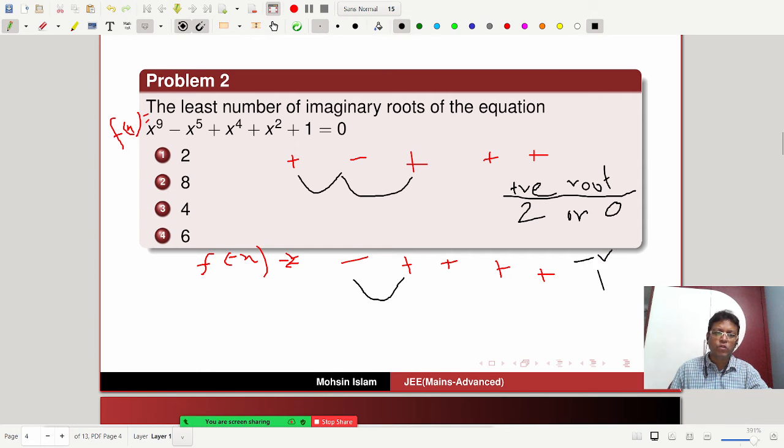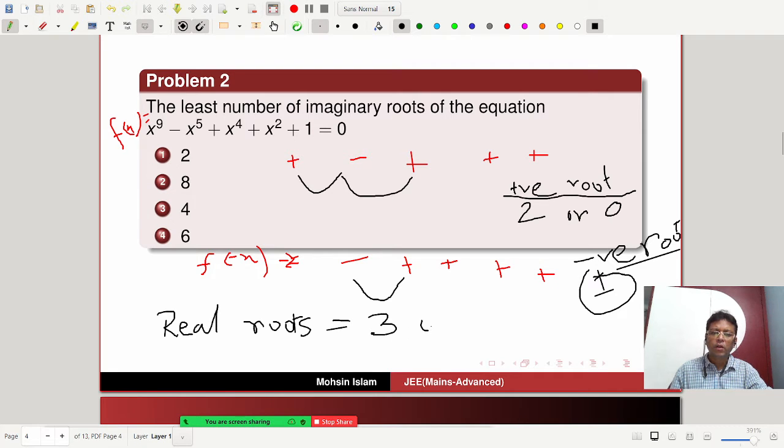So how many real roots? Either 3 or 1: 2 plus 1 is 3, and 0 plus 1 is 1. So either 3 real roots or exactly 1 real root.